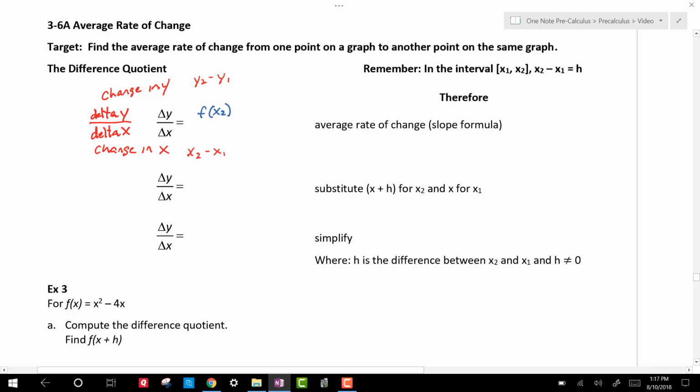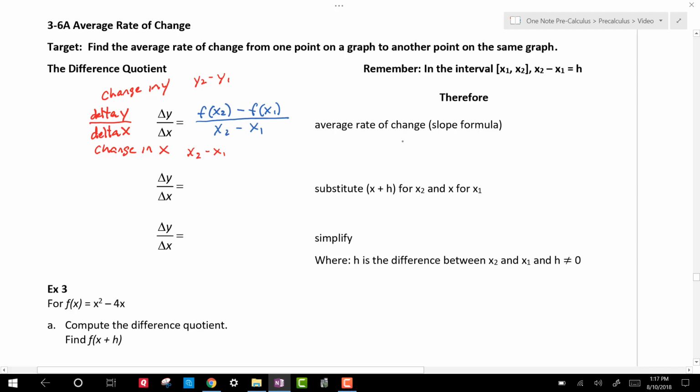If I take some function and plug in x2, I would end up with some y2, and we could call that f of x2. So my delta y is f of x2 minus f of x1, which is really y2 minus y1 over x2 minus x1. This is what we call the average rate of change formula. It's also known to you as the slope formula.